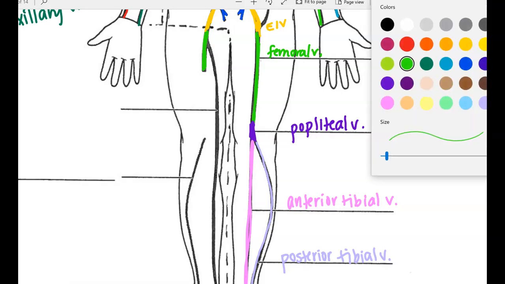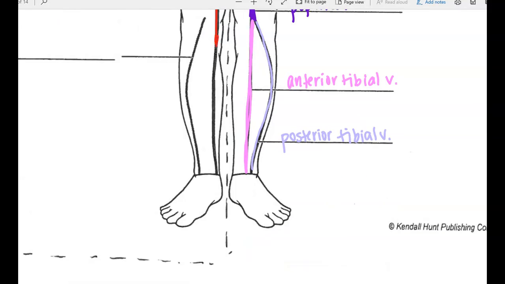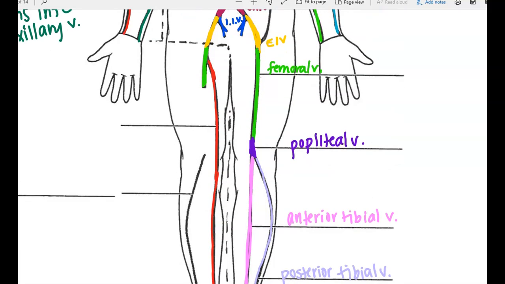And the other vein that we see here that is nice and long, moving throughout the medial side of our lower extremity, this is going to be your greater or great saphenous vein. So this is a superficial vein that is going to drain into the femoral vein. So let's add that note here.